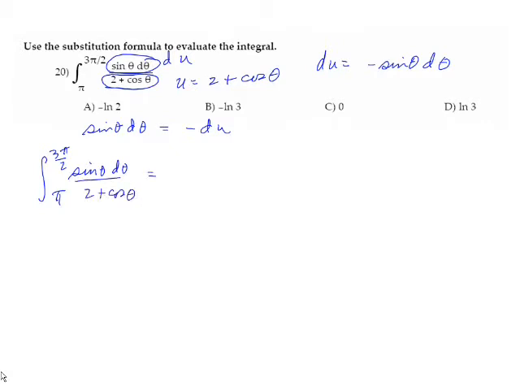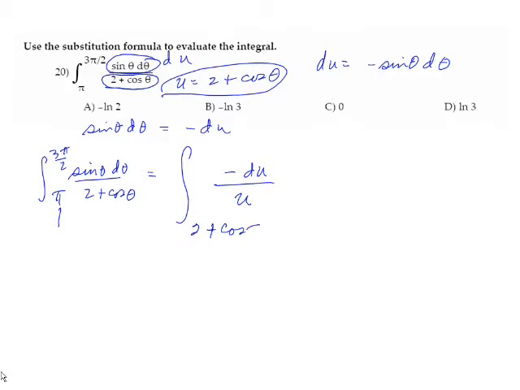That's going to be equal to minus du over u, except u is going to go, since u is equal to 2 plus cosine of theta, from 2 plus cosine of pi to 2 plus cosine of 3 pi over 2.